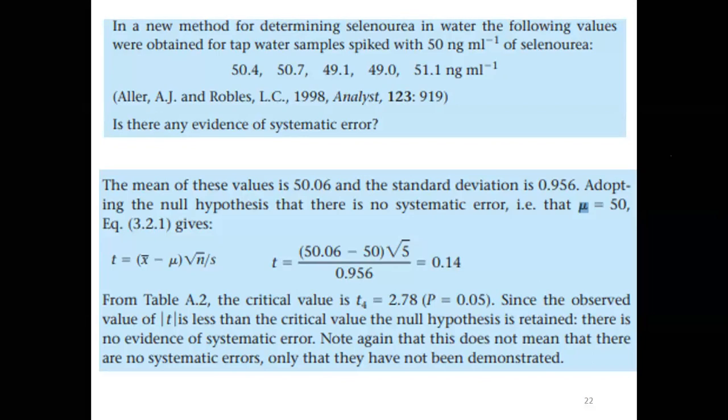I mentioned earlier, degrees of freedom is n minus 1. N equals 5 here because there are 5 measurements, so n minus 1 means 4. That means the degrees of freedom is 4.